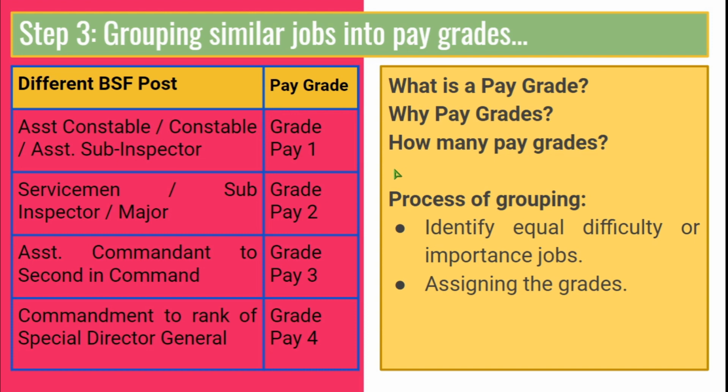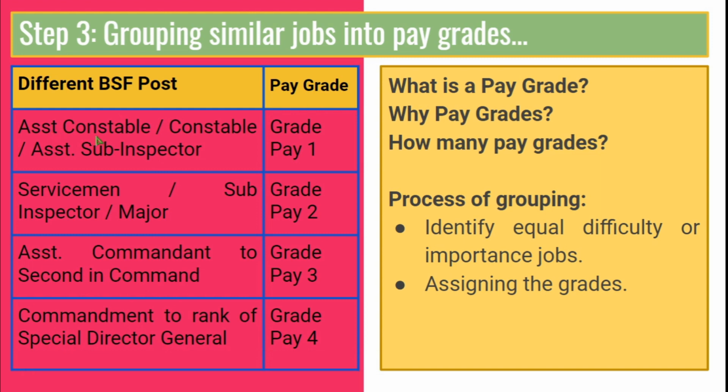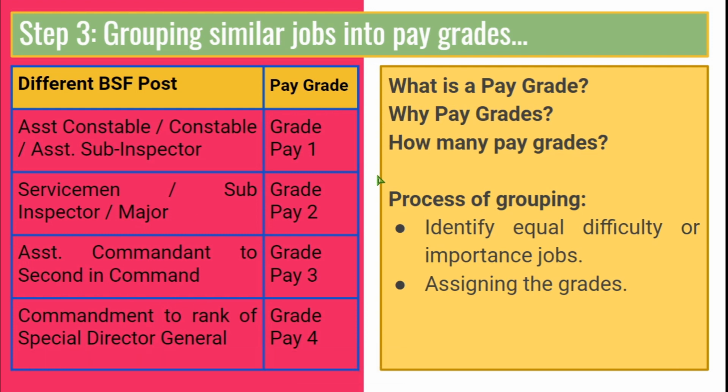Let's say the lowest job is of an assistant constable and the highest is of a special director general in BSF, Border Security Forces, and an assistant constable needs to take 8 promotions to become the special director general in BSF. Here, these 8 promotions define the vertical distance of the organization.